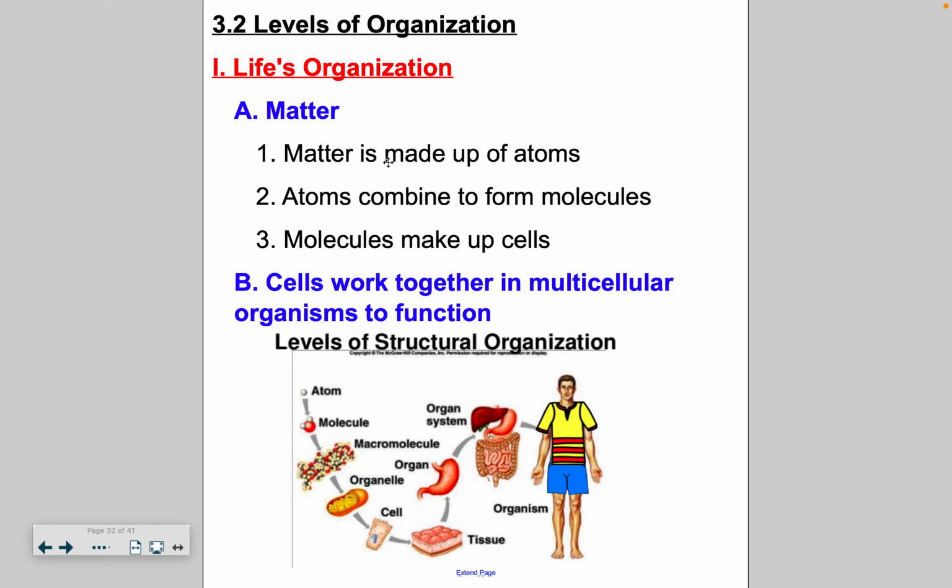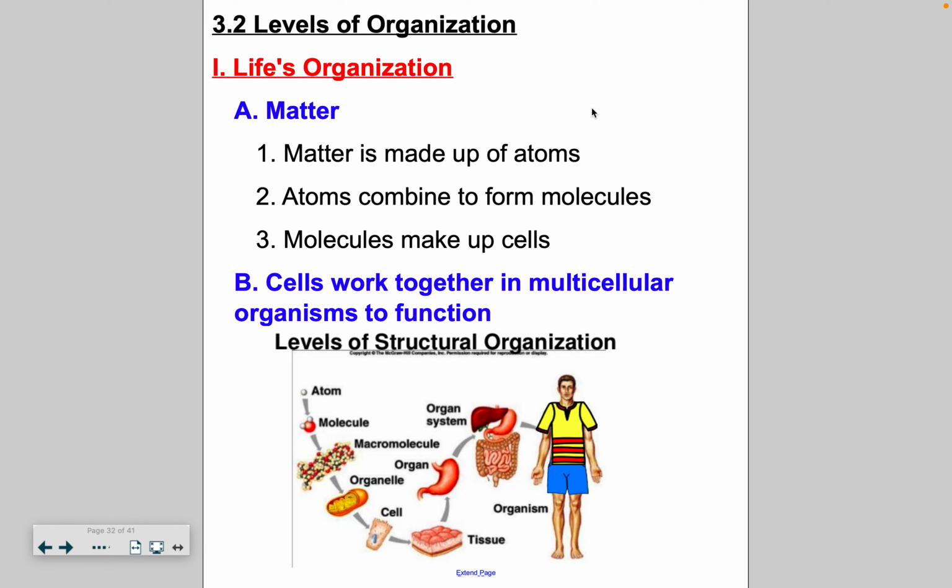Okay, so let's talk about organization, the levels of organization. So everything in the universe is pretty much made up of atoms. If it takes up space and has volume, it matters. So you take up space, you have volume, you matter, right?